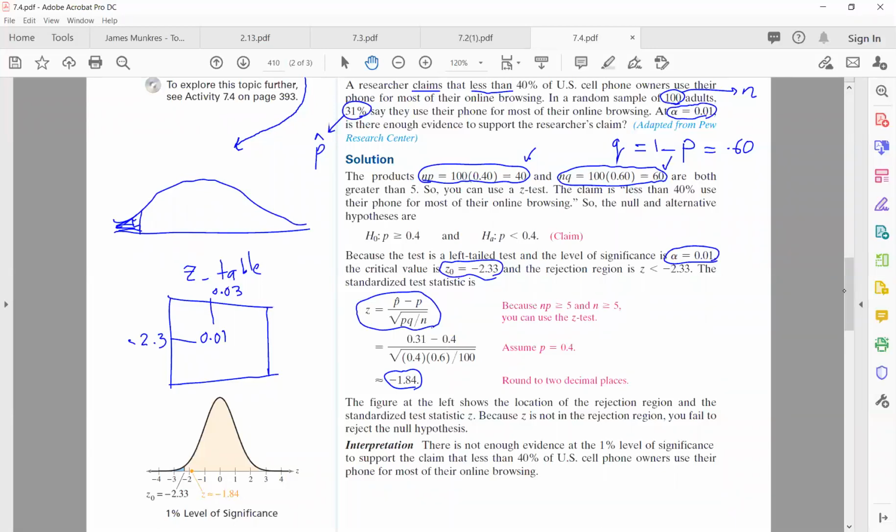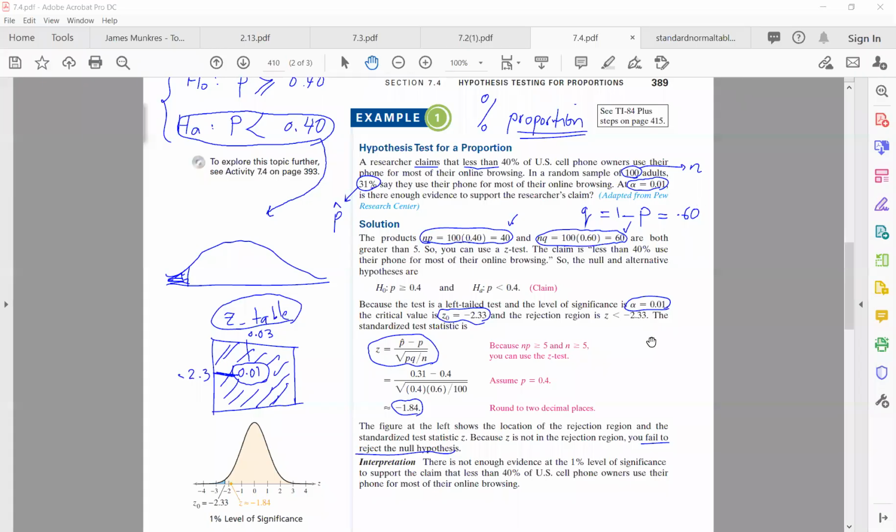Negative 1.84 is not less than negative 2.33. It's greater than, on the other side of the region. Since z is not inside the rejection region, we fail to reject the null hypothesis.